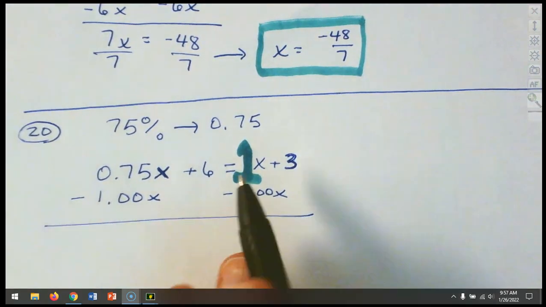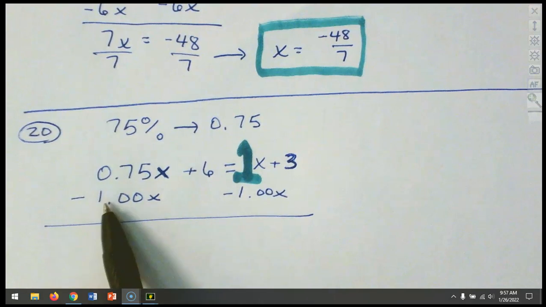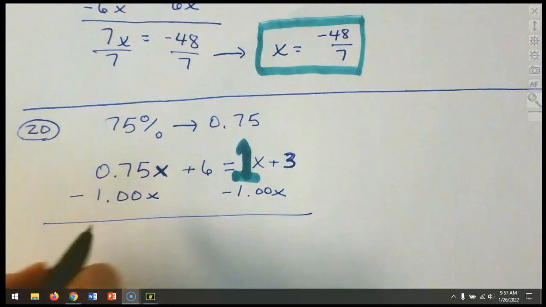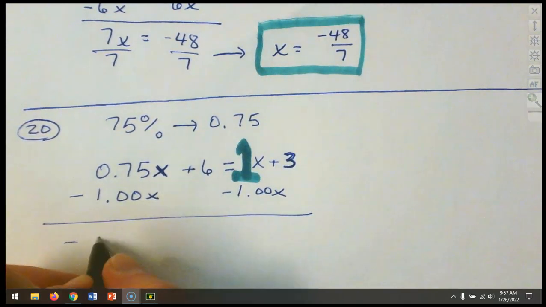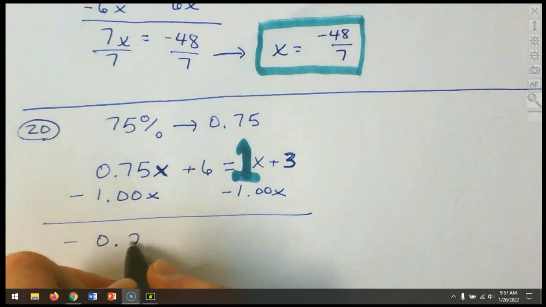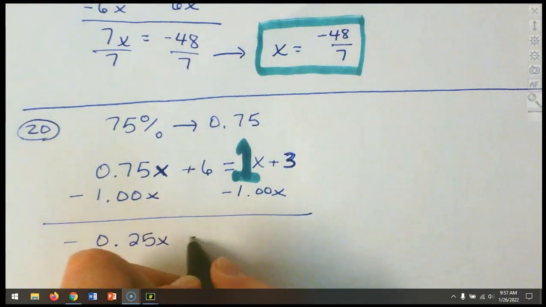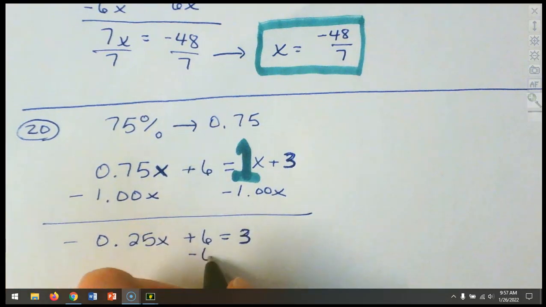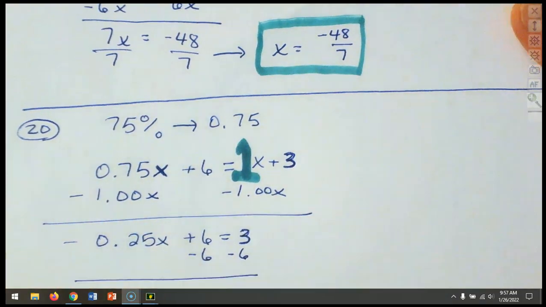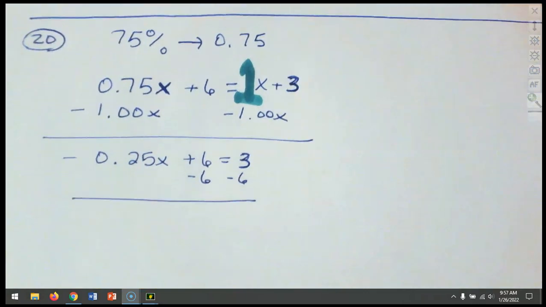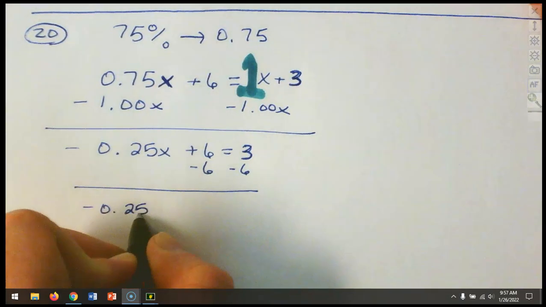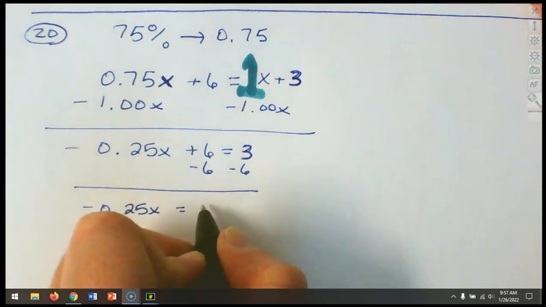So if it helps, put a 1 in front, and just write it as 1.00. That way you can just subtract down. We know that the 1 is larger. It has a negative sign. So that's going to be a minus 0.25x. Plus 6 equals our 3. We're going to move our 6 over with subtraction. And that gives you now minus 0.25x equals a minus 3.